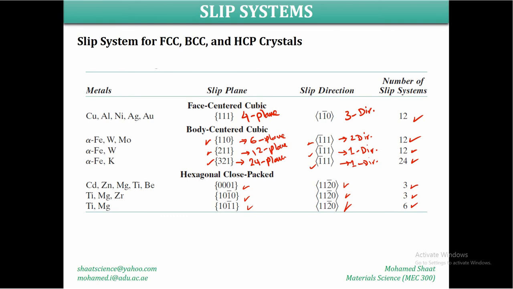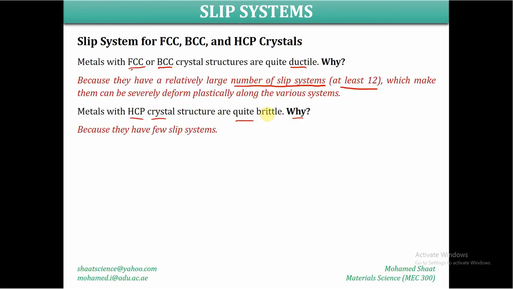And the reason is that we have so many crystallographic slip systems. The number of slip systems is bigger than in the hexagonal structure. This indicates that materials with FCC or BCC crystal structure are likely to be more ductile than materials with HCP crystal structure. Why?